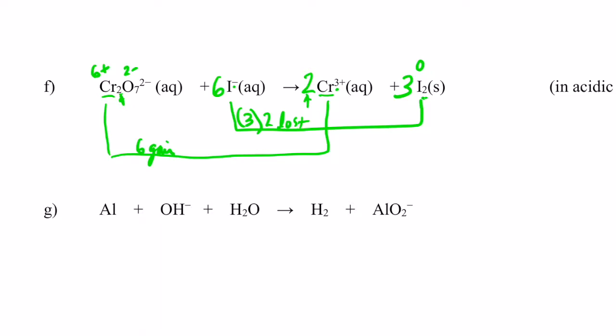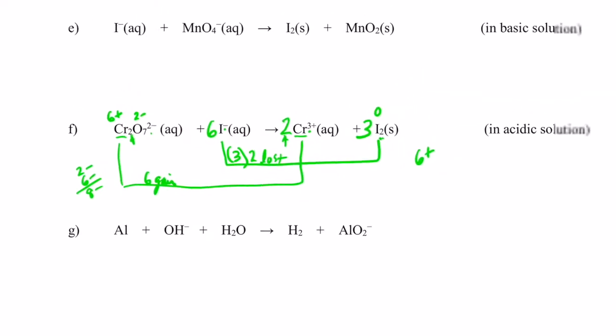Next up, balance the ionic charge. So dichromate is 2 negative, and the iodide ion's -1, and there are 6 of those for a total of 6 negatives for the iodides. So that's 8 negatives on the left-hand side. On the right-hand side, I have 2 chromium 3 pluses for 6 positive, and I2 is neutral. Boy, that does not balance.